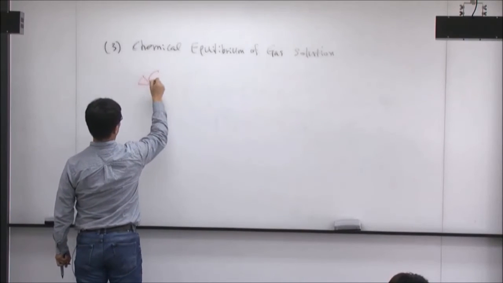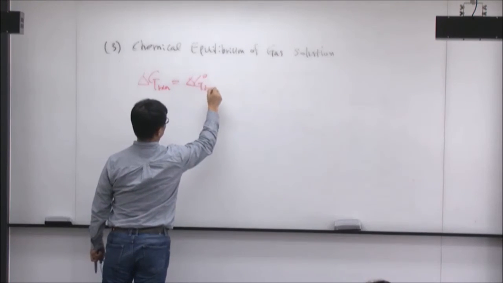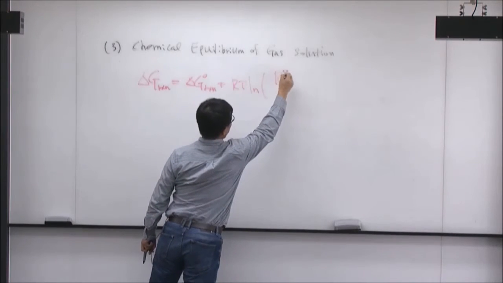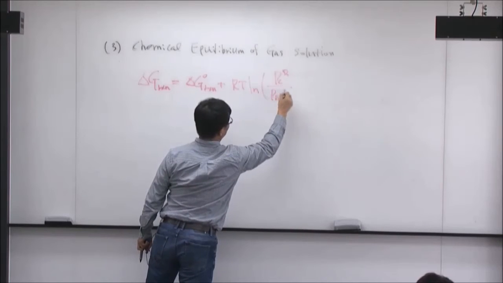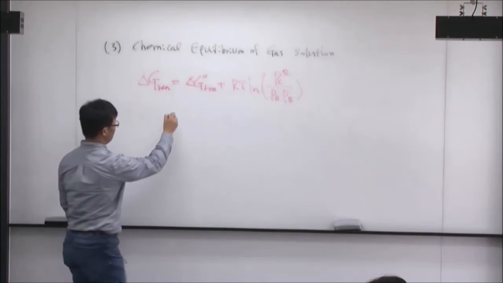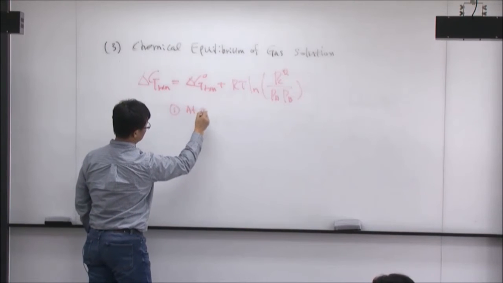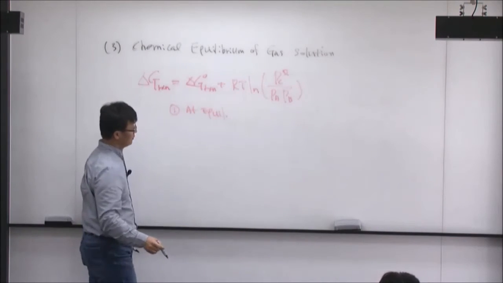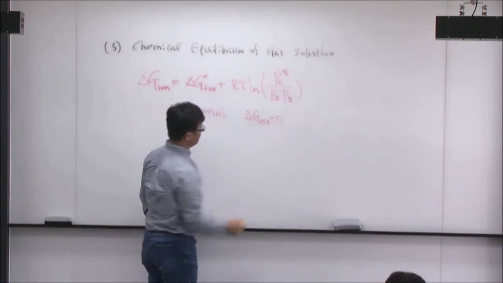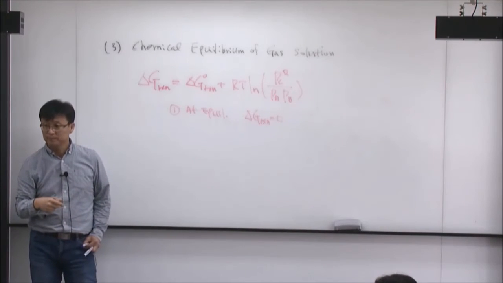So delta G of reaction equal to... okay, so case 1, at equilibrium state, delta G of reaction equal to 0, so we can actually calculate what is PA, PB, and PC. Okay?